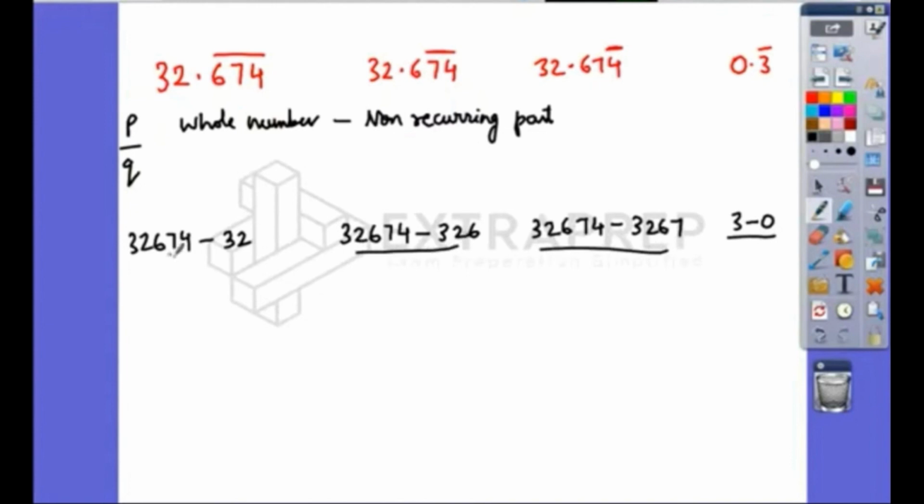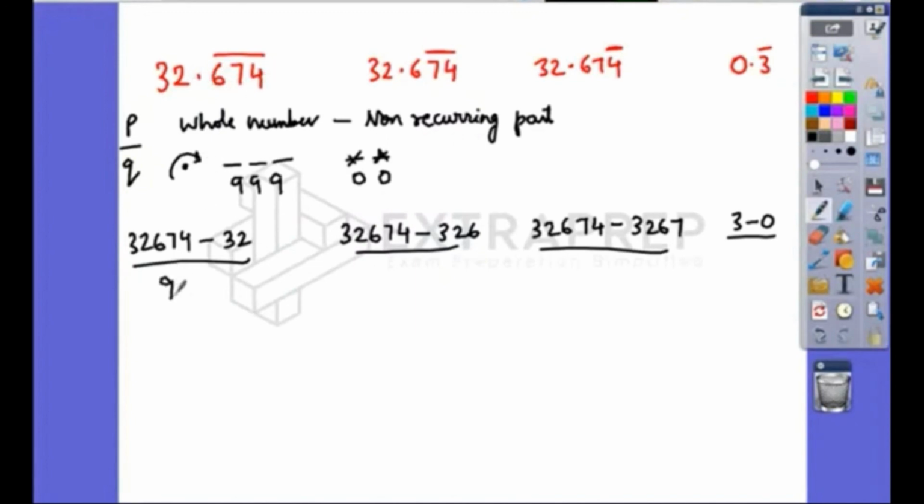These are the numerators. Once you get the numerators, let's find the denominators. Denominators, this is after the decimal point. After the decimal point, you'll have to see how many digits have a bar, and you'll have to put that many 9s. And you'll have to see how many digits do not have a bar, and you'll have to put that many zeros, after the decimal point. Tell me, in the first question after the decimal point, how many digits have a bar?